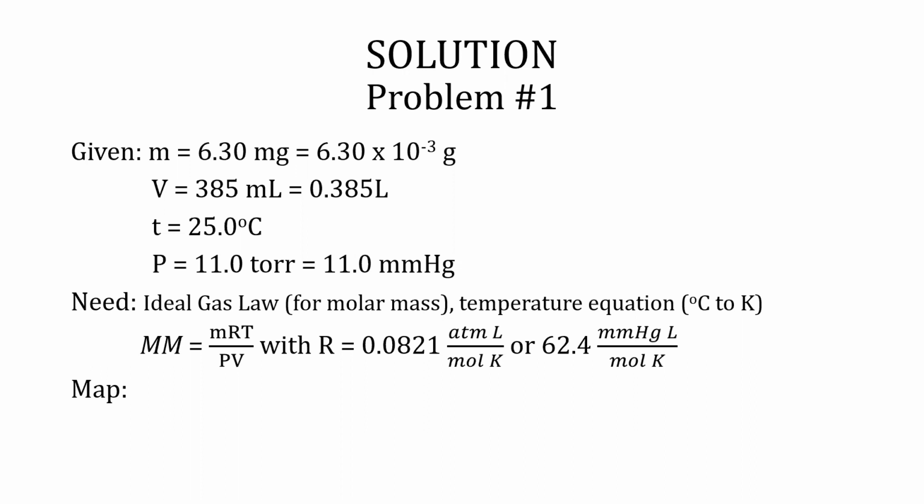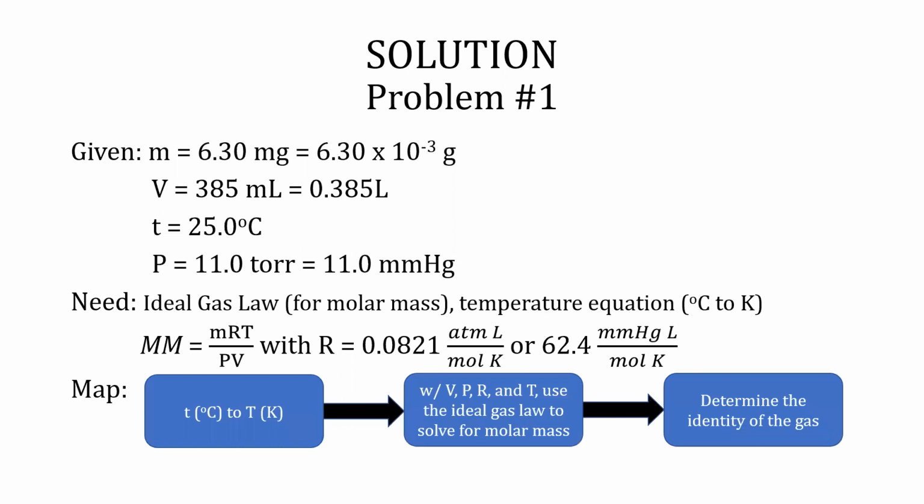One needs the ideal gas law for the equation of molar mass, where MM equals mRT divided by PV, where R equals 0.0821 atm·L per mole·K, or 62.4 mmHg·L per mole·K, and the temperature equation converting Celsius to Kelvin. The solution map is to take the temperature in Celsius and convert to Kelvin.